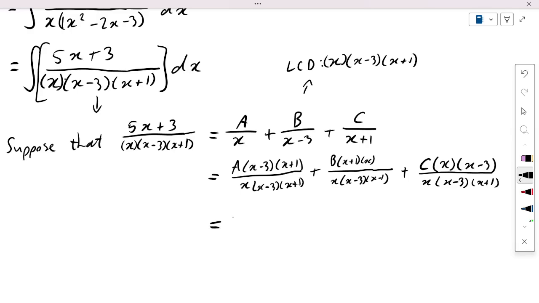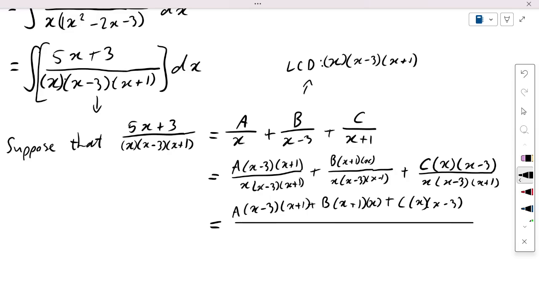We're going to have this be equal to a into x minus 3 into x plus 1, plus b into x plus 1 into x, plus c into x minus 3. Okay, and this is all divided by x into x minus 3 into x plus 1.